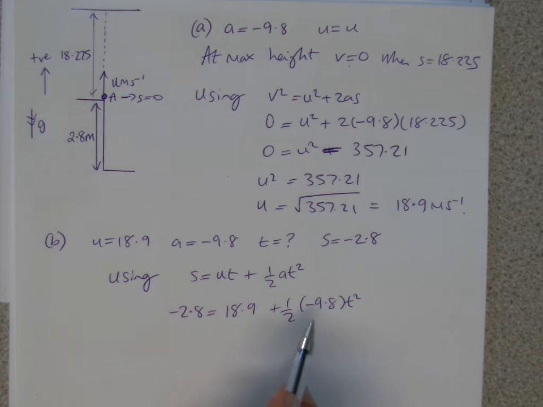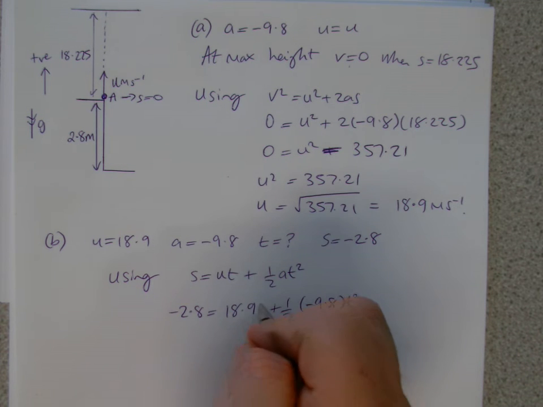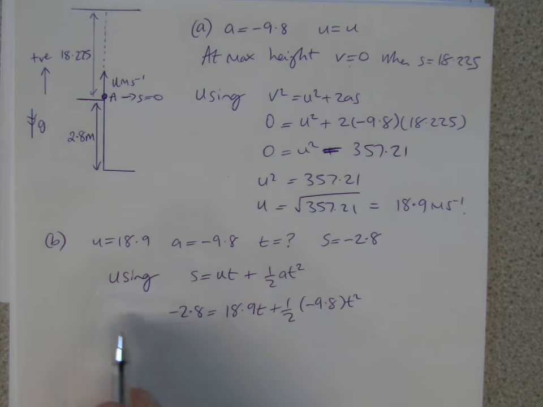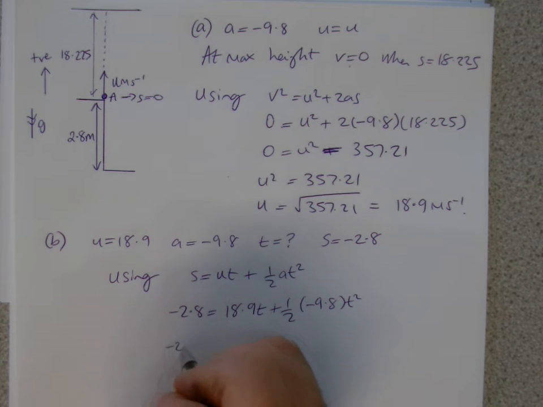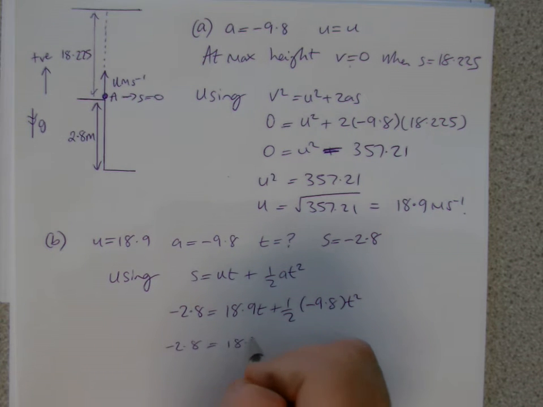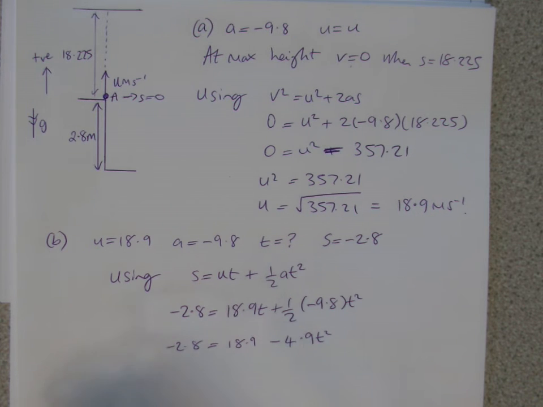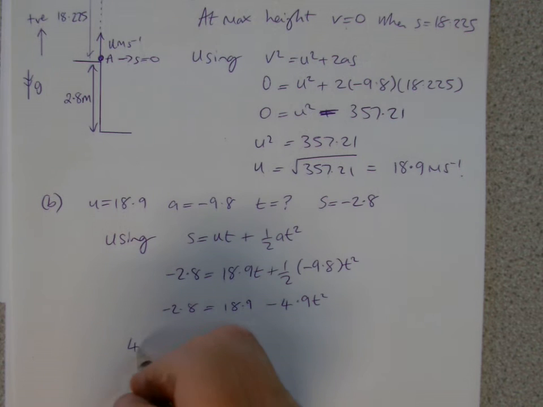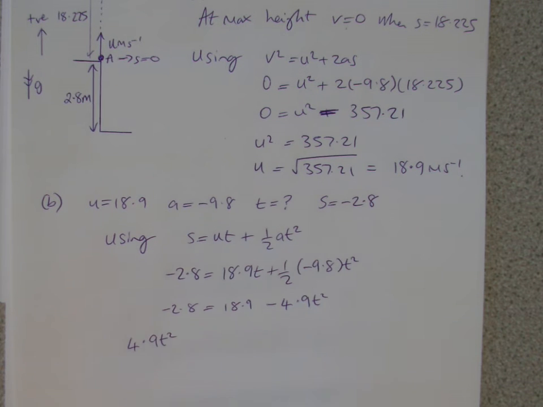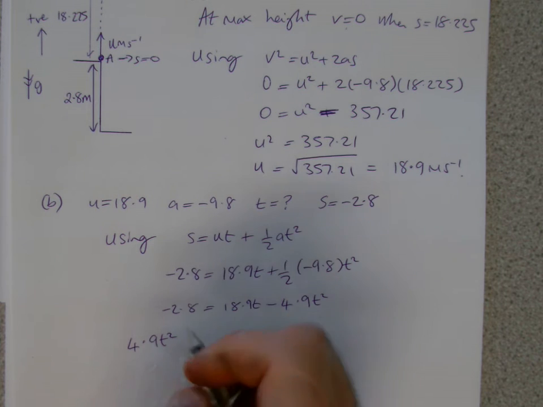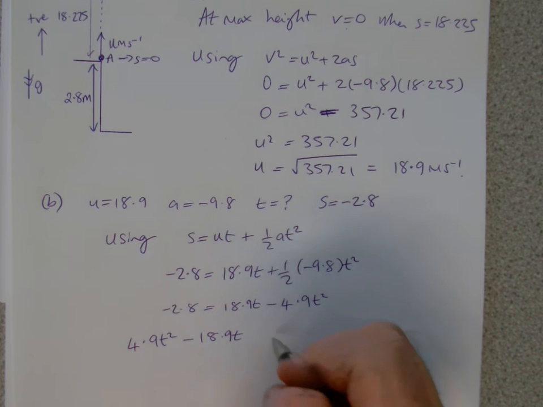If I simplify that and get everything onto the left hand side, I get my quadratic in the format I like: 4.9 t squared, take away the 18.9 over, so minus 18.9 t, and then minus 2.8 equals 0.